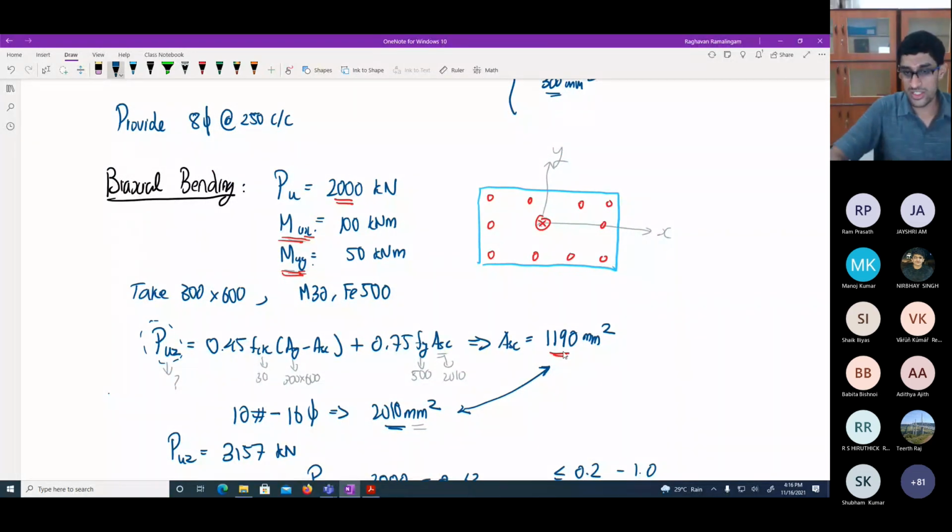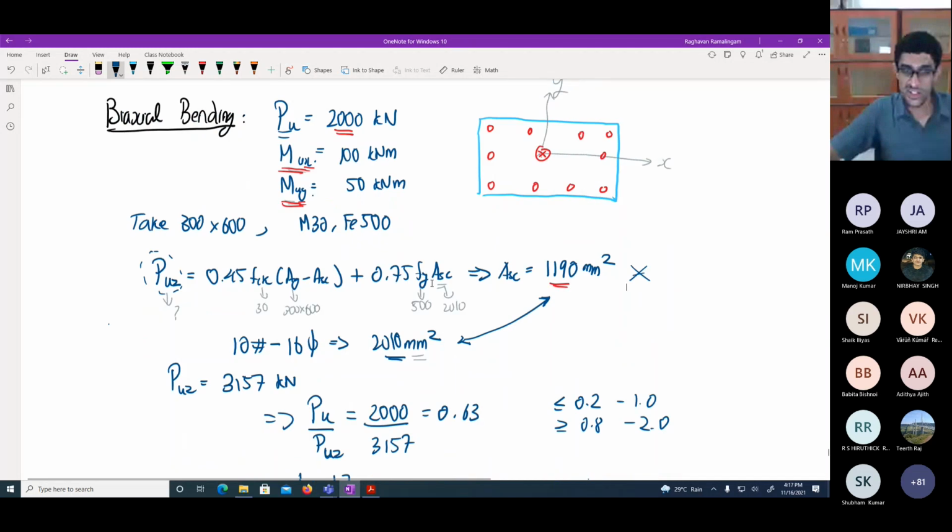As I told you, you can initially find out what reinforcement you require only for the axial load and increase it by a certain factor. Or if you are experienced enough to make good guesses, you can avoid that step itself, and directly assume some reinforcement and check with it.